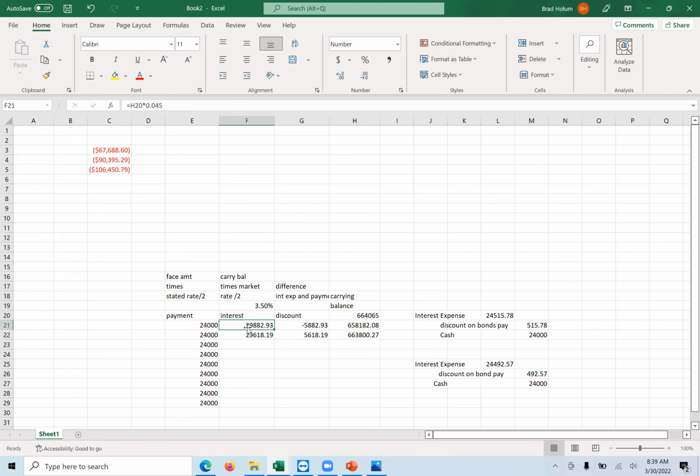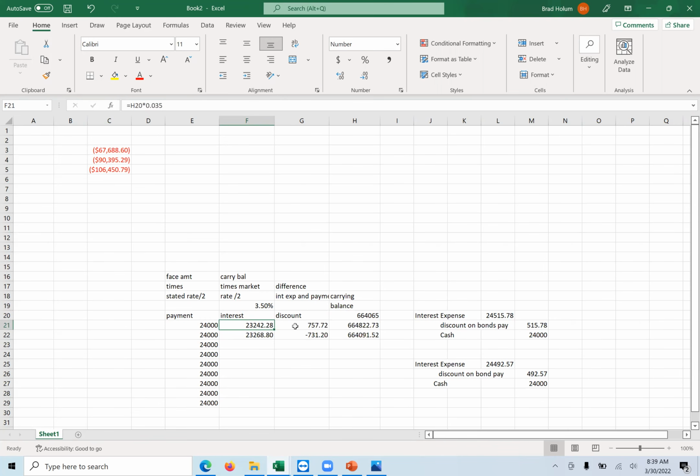So the interest rate is going to be 3.5% each period. We take the 664,065 times 3.5% to give us 23,242.